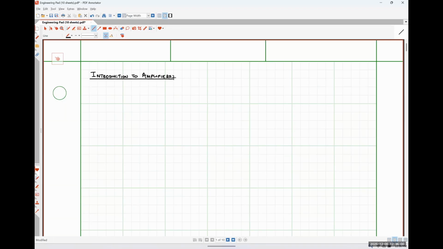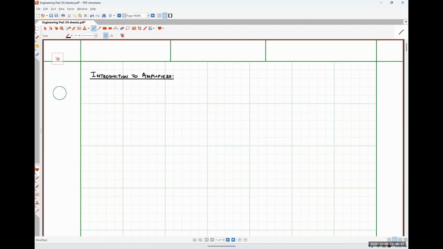Okay. So one of the most basic signal processing operations that we can do is the amplification of a signal, where we simply just take some input signal and make its magnitude larger. So I'm going to start with a very simple diagram here.